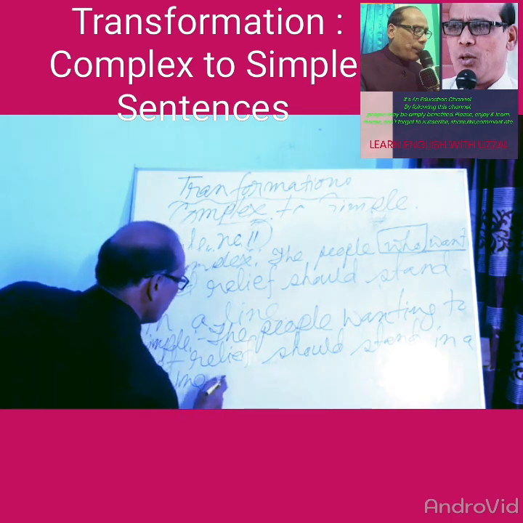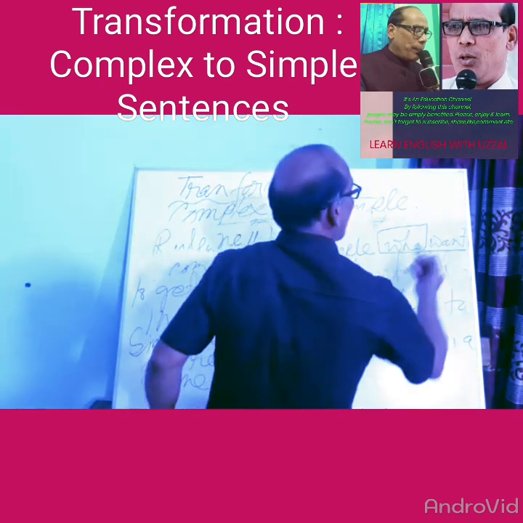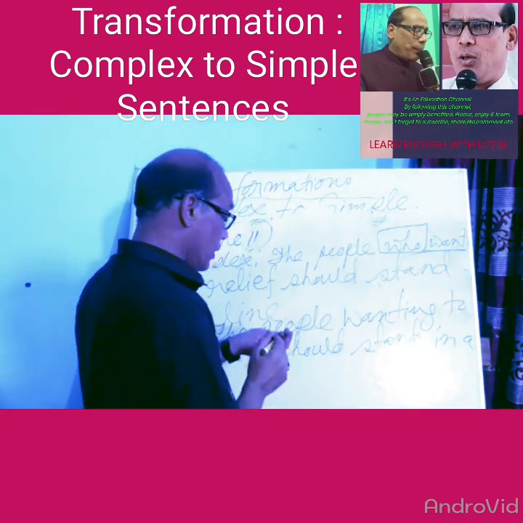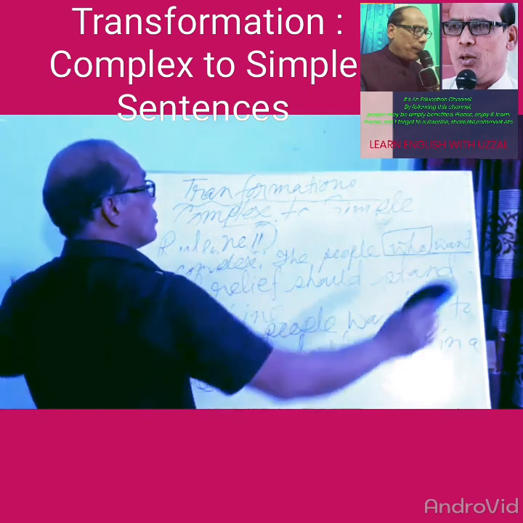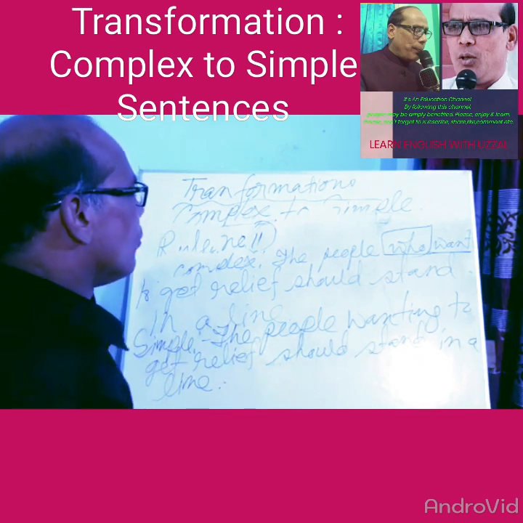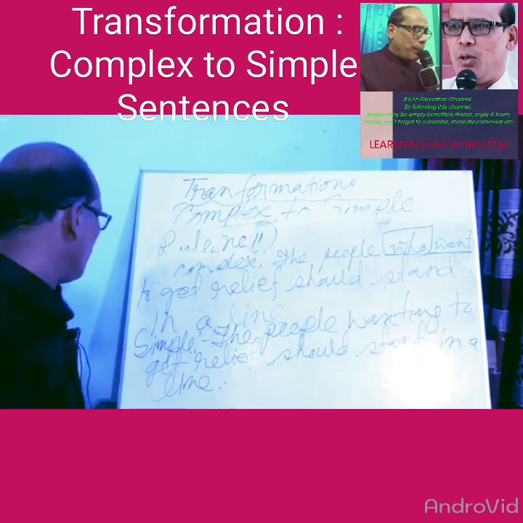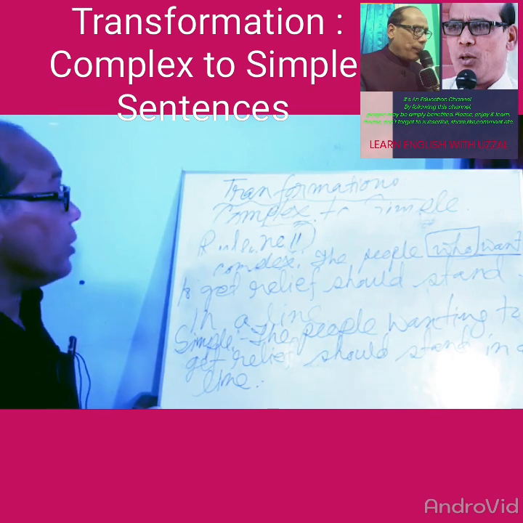So the same will be here. After the relative pronoun, we will say an ordinary verb, and we will have to add ing to the ordinary verb, and the other words will remain the same. The people wanting to get relief should stand in a line.